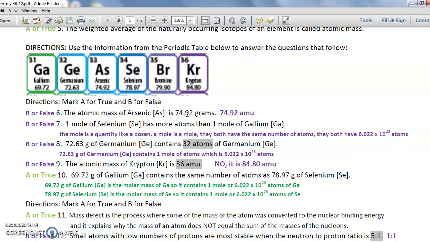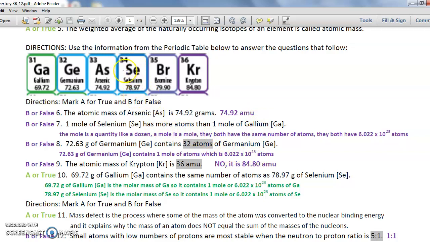And 1 mole is a quantity, and that quantity contains 6.022 times 10 to the 23rd. So what is the atomic mass of arsenic? The atomic mass of arsenic, again, is the weighted average of the naturally occurring isotopes of arsenic. It's not 74.92 grams, it's 74.92 AMUs.